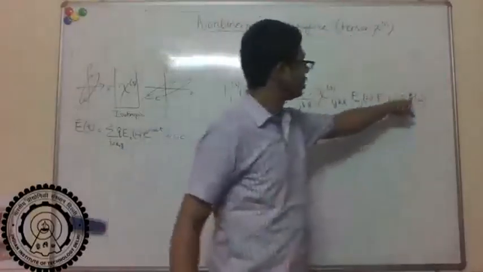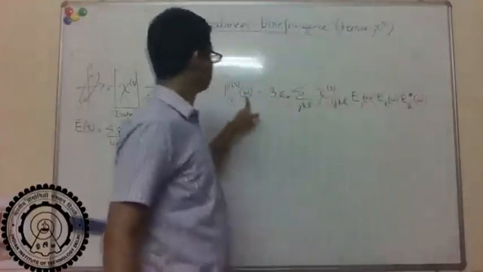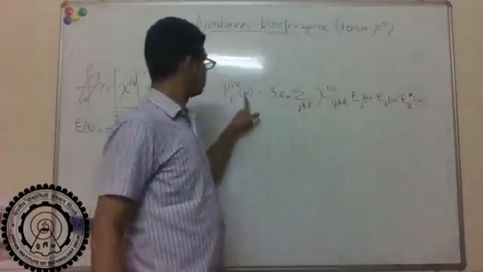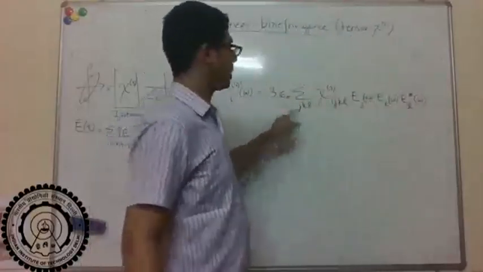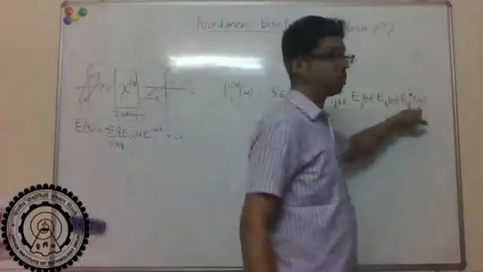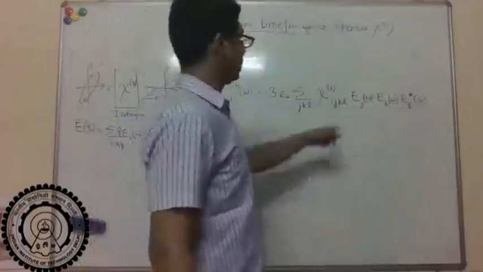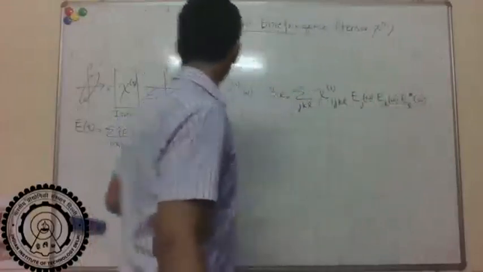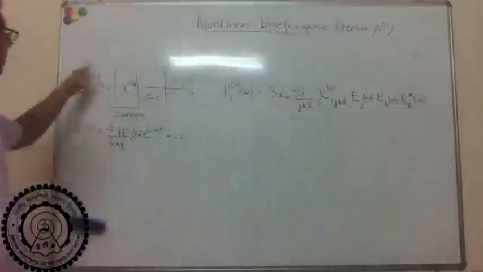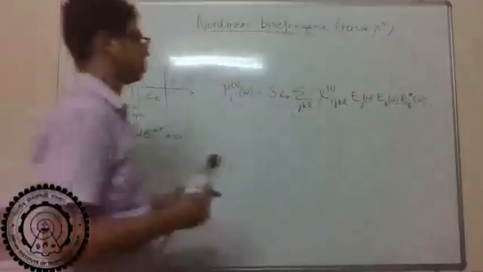And one of these will be conjugate, because again I want to see the polarization at omega, so I'll get omega plus omega minus omega. So one of them is conjugate. Each of these j, k, l is let's say either x or y.